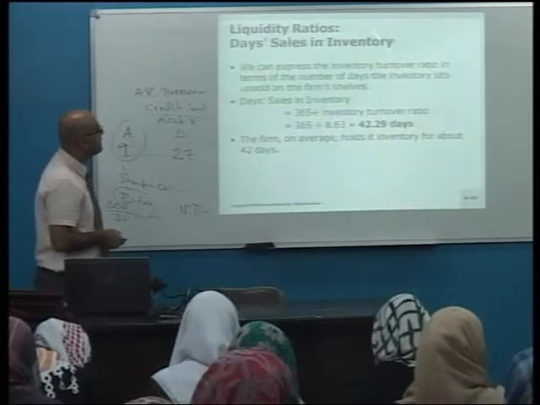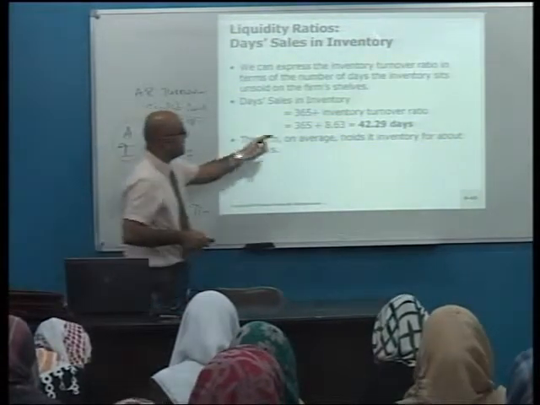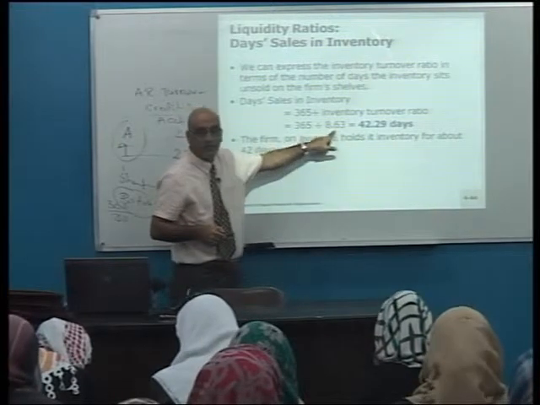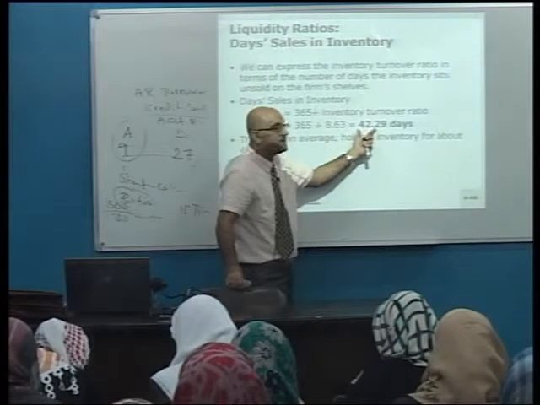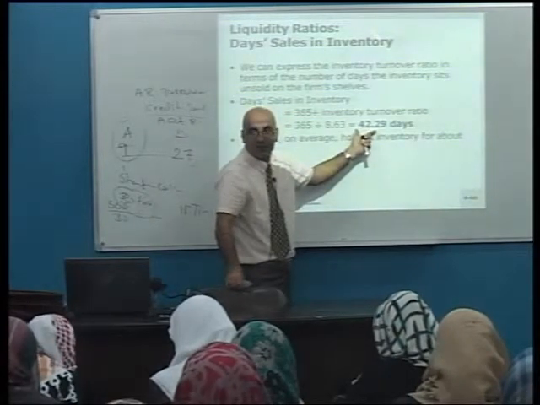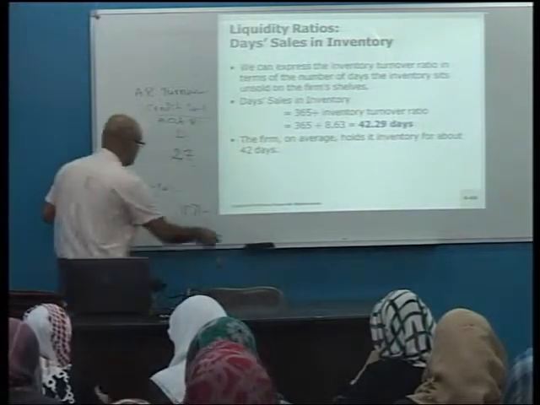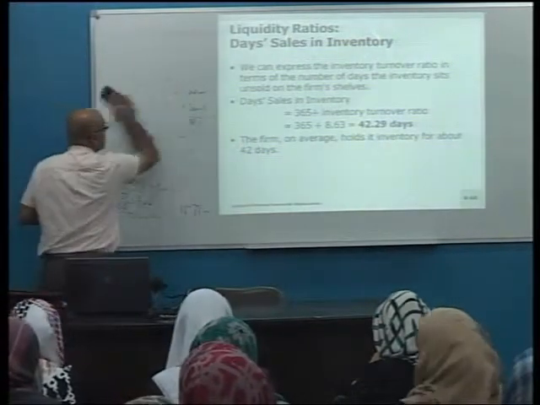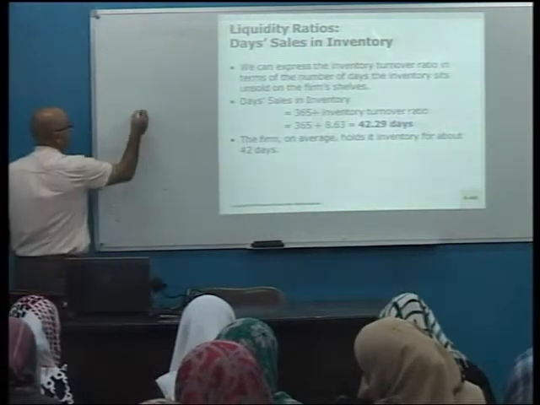In terms of the number of days, as I did, 365 divided by 8.63, so we need 42 days to convert inventory into cash. So the cycle is going like this. This is inventory.